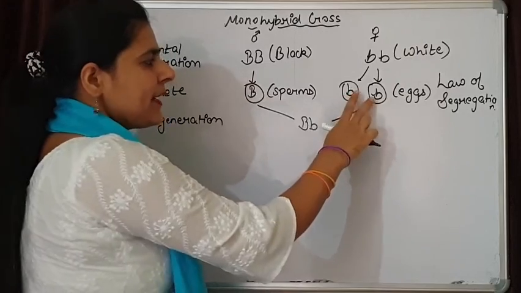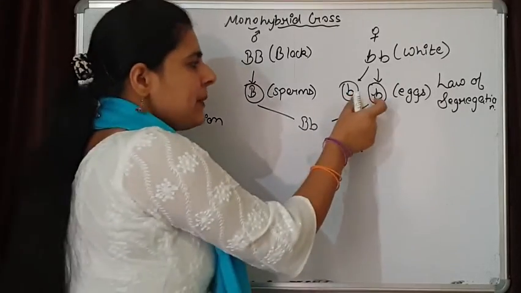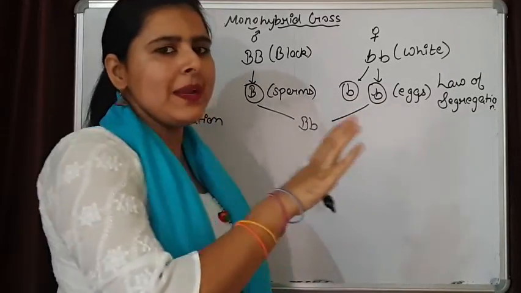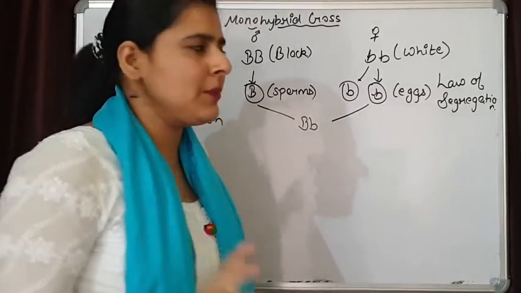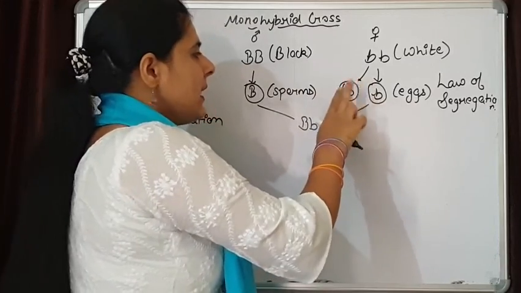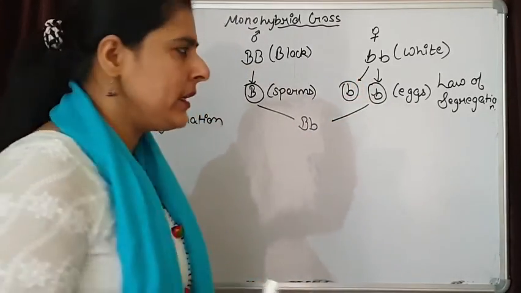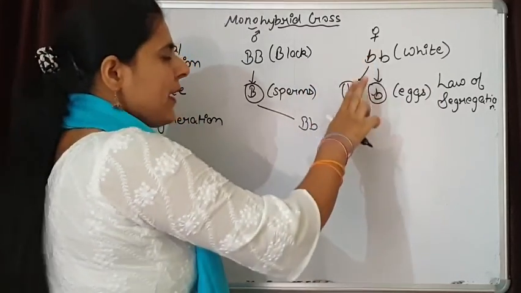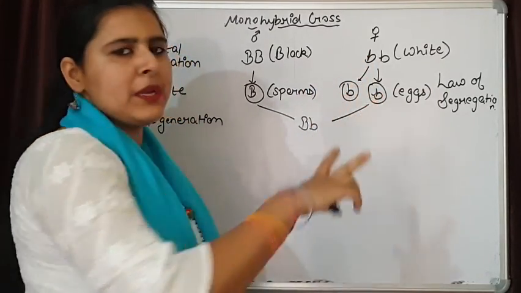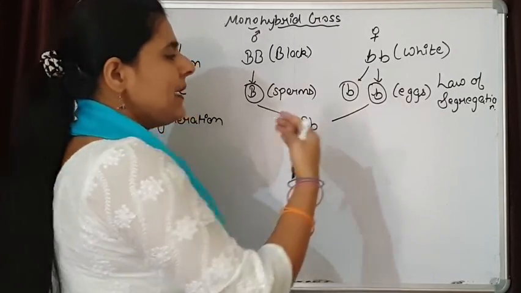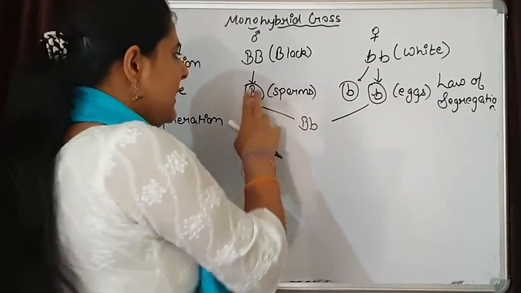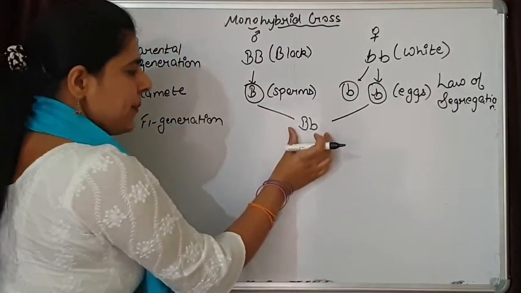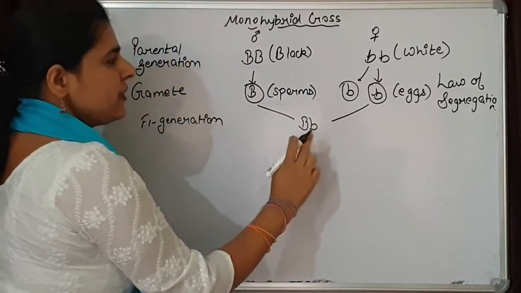So they are separating from each other at the time of gamete formation, and their separation is completely random and independent, meaning they are not influencing each other in any way. This is the law of segregation. The pair of factors separate during gamete formation, and they independently combine with the other parent. This is the hybrid, and this is our F1 generation.